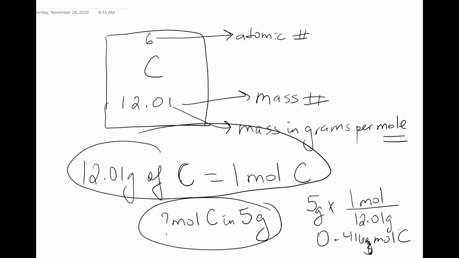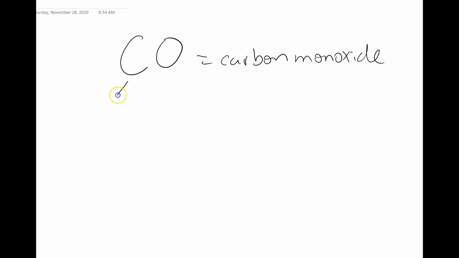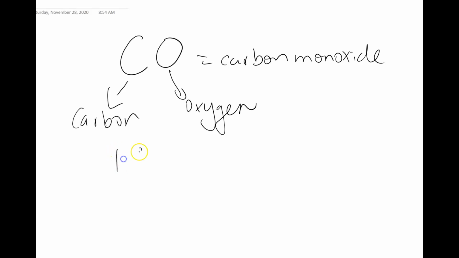Okay, so now you know that carbon is 12 grams. Let's say that I have carbon monoxide, that poisonous gas. It's made up of carbon and oxygen, because you know from the periodic table C is carbon, O is oxygen. There's a 1 carbon to 1 oxygen ratio.